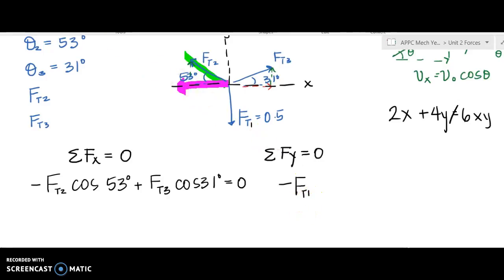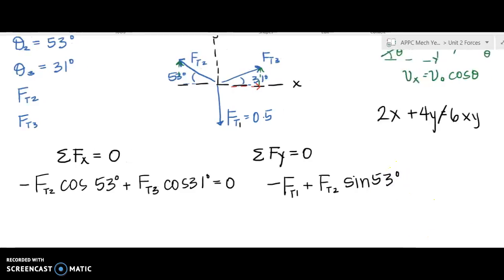Now what about FT2? Does FT2 have a y component? Yes. And if I were to use that same trig model there, I would have FT2, opposite is sine of 53 degrees. Why did I use the plus sign there? Yeah, it was pointing up.